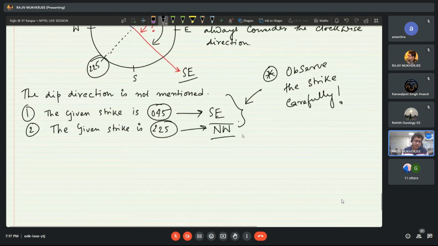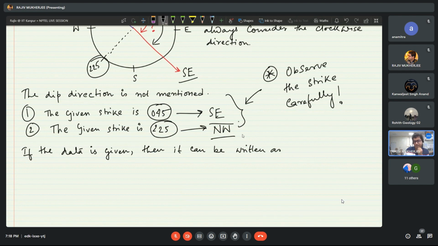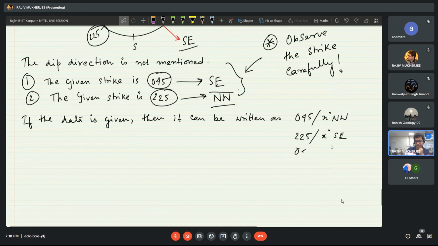However, it can also be possible that the data is written as 045 some x degree northwest, 225 some x degree southeast, or 045 x degree southeast, or 225 x degree northwest.